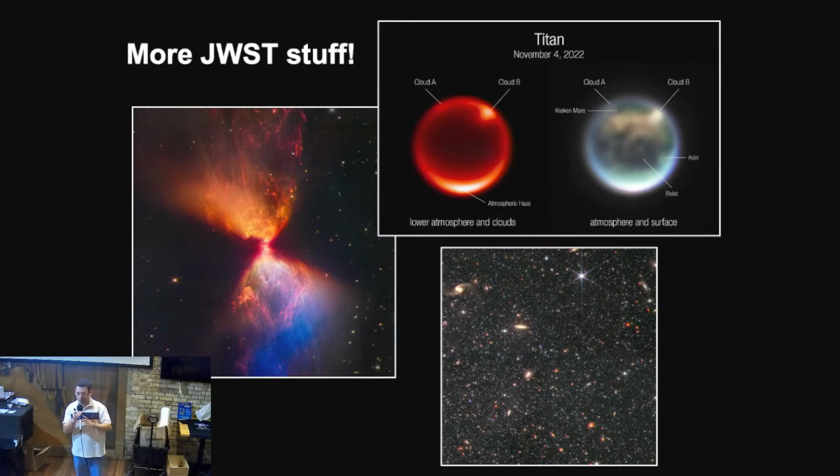They are truly beautiful pieces of imagery, including just announced again about a week ago, if I remember right, this really nice image of Saturn's largest moon, Titan, where you can actually see some of the albedo variations on the surface, possibly some of the features associated with the liquid methane lakes, and definitely some of the cloud features. So again, really awesome stuff from the JWST.